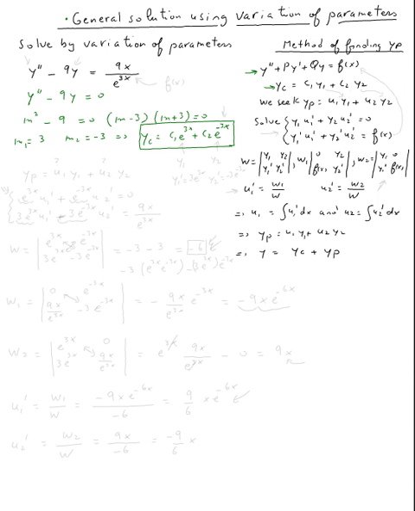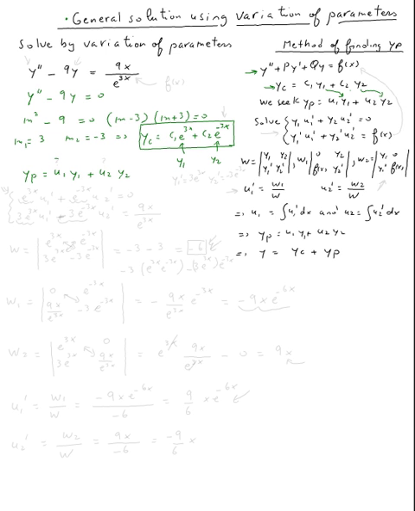Now we need to find y1 and y2. Our y1 is e to the 3x, our y2 is e to the negative 3x, and those go in here. Then we assume that yp, the particular solution, is equal to u1 y1 plus u2 y2.